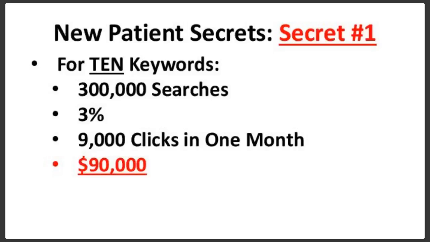And if your website was ranked 10th for each of these results, then you would get 3% of the clicks. And so 3% of 300,000 searches is 9,000 clicks in 1 month. Well, guess what, guys? If you want to get 9,000 clicks in 1 month, you're going to be talking around $90,000 a month in ad spend.